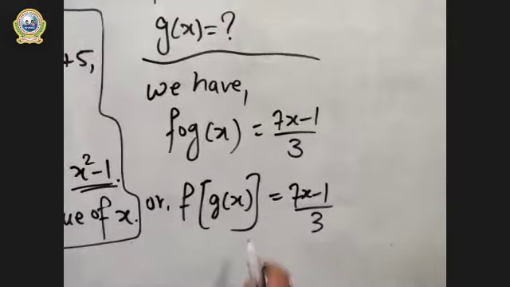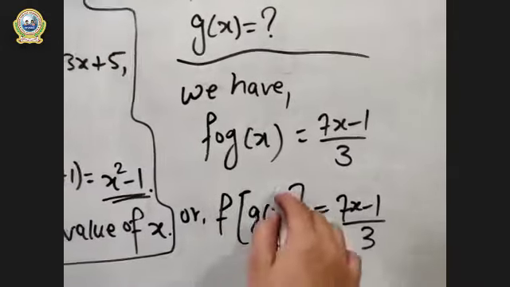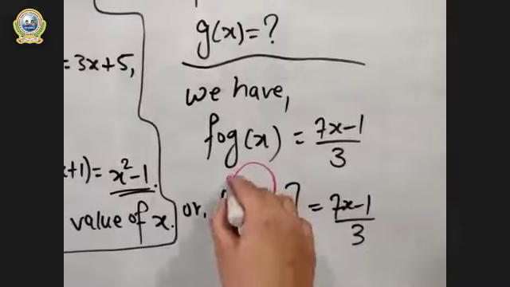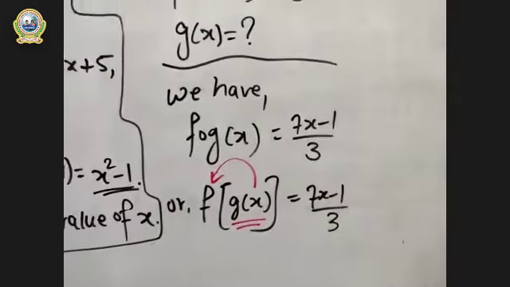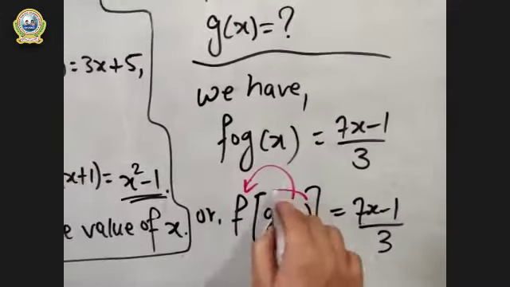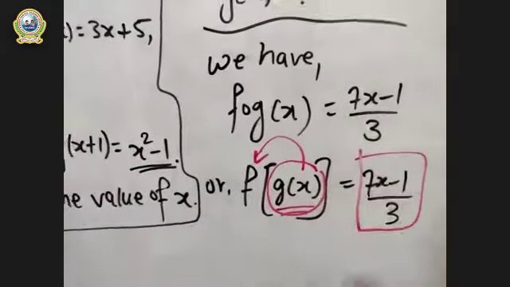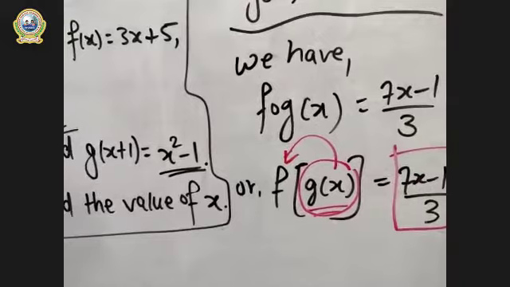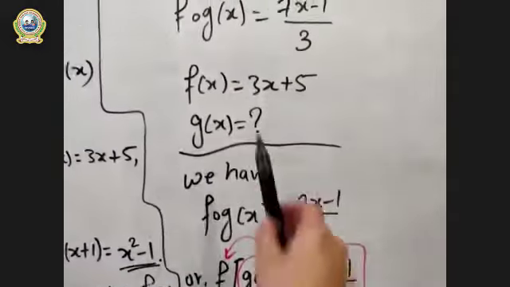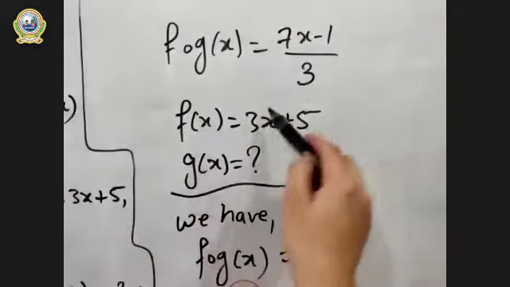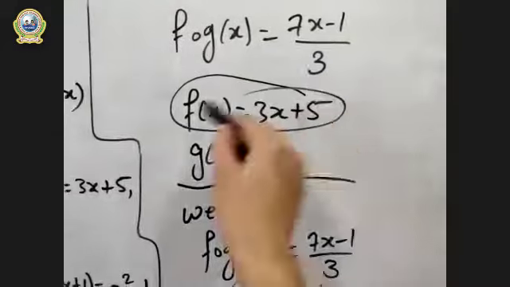So now look at the equation that we just obtained carefully. It says if we put g(x) inside f(x), it will be (7x minus 1)/3. It means if you put this g(x) inside the f(x), it will result in (7x minus 1)/3, right? So look at the given first. We have f(x) as 3x minus 5, right?